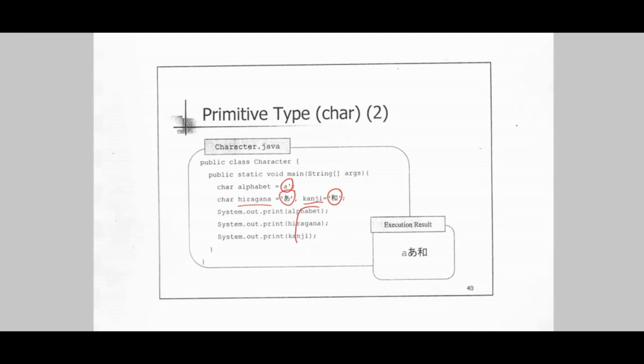And when you use print to display all these three variables' values, then we have here the value of alphabet, the value of hiragana, and the value of kanji.